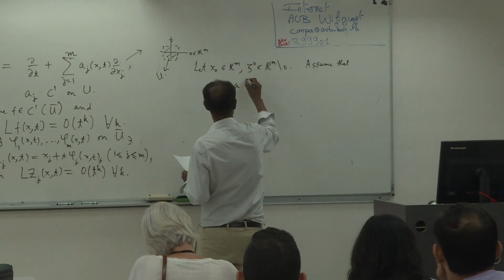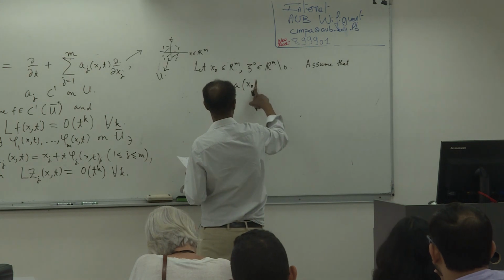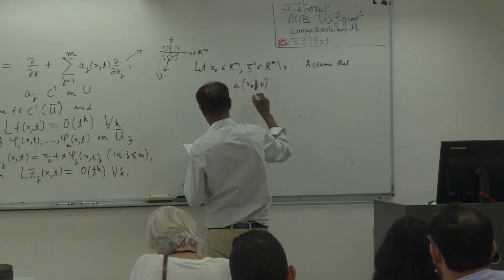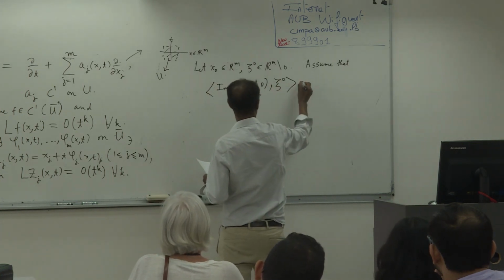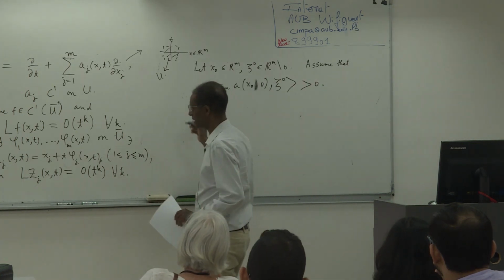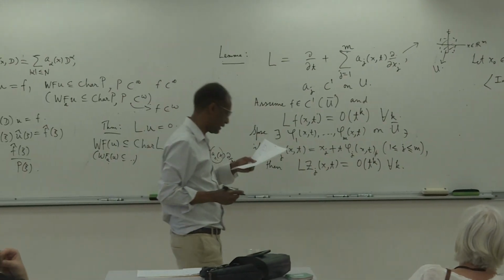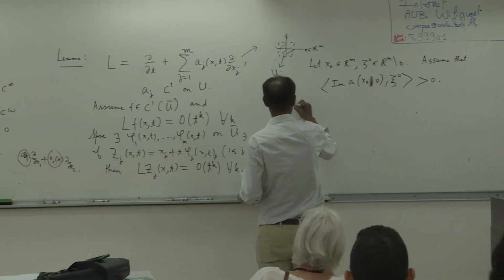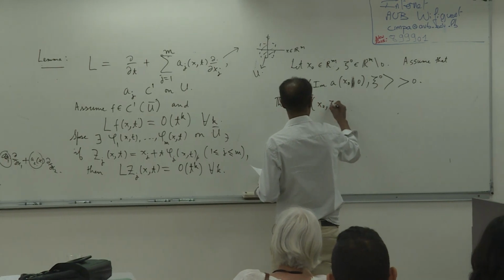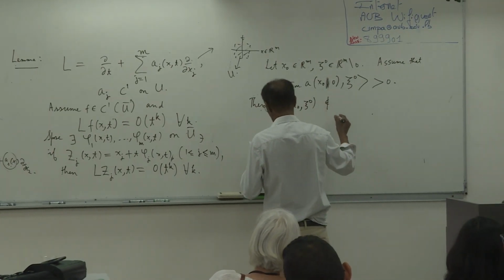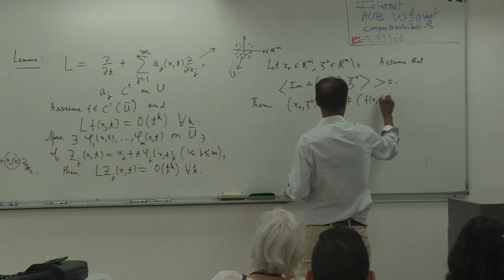Assume that at x naught, 0, the inner product with c naught is positive. We'll see that this basically means that c naught is not in the characteristic set of this vector field L. Then the conclusion is that (x naught, c naught) is not in the wavefront set of f, of this function of x.